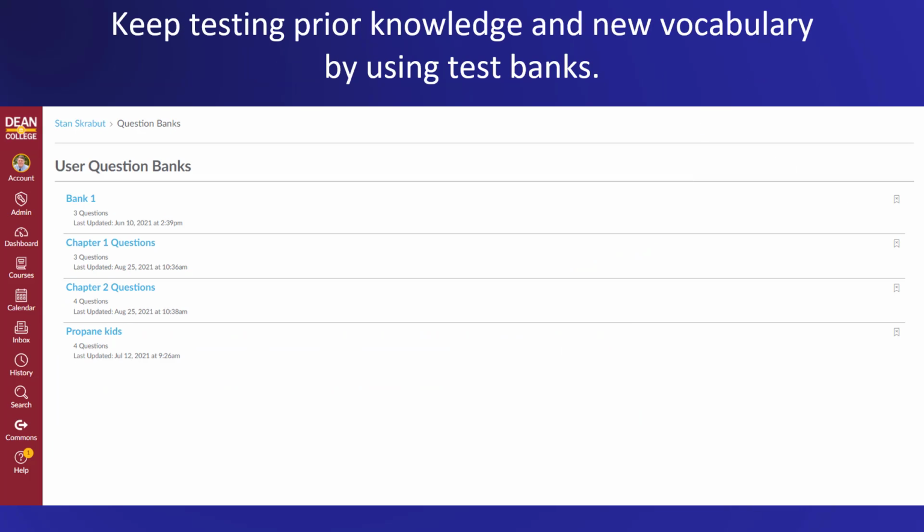I am a huge fan of mastery level quizzes and using test banks in order to build that foundational knowledge. So one of the things that you can do is build test banks in Canvas, and from there you can then build tests that randomly pull questions from those test banks.